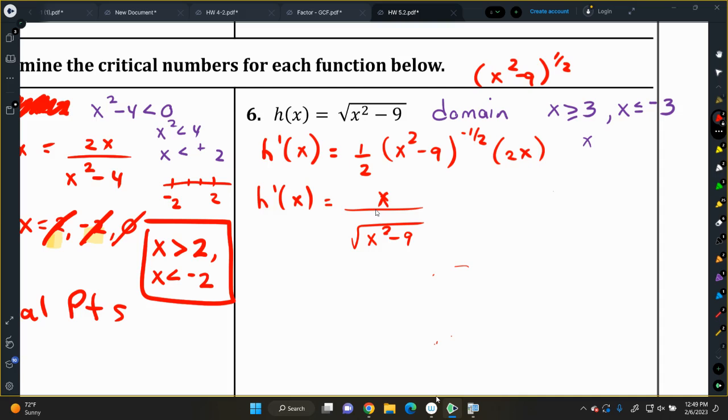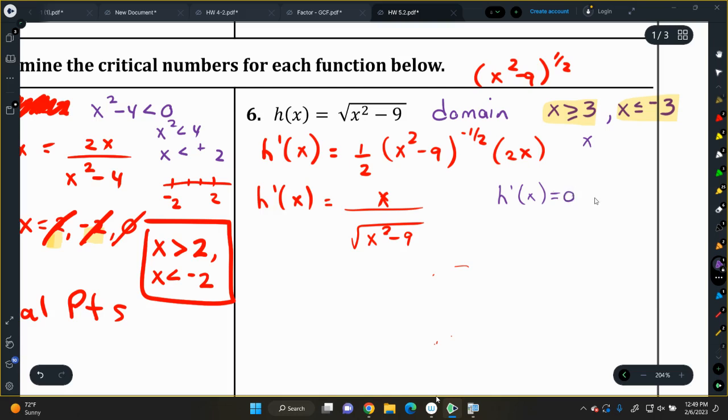We looked at h of x and figured out our domain. We know that our domain says the x's are either greater than or equal to 3 or less than or equal to negative 3. Now we're ready to find our critical points. We take the derivative, and from the derivative, my critical points are where h prime of x either equals 0 or is undefined.